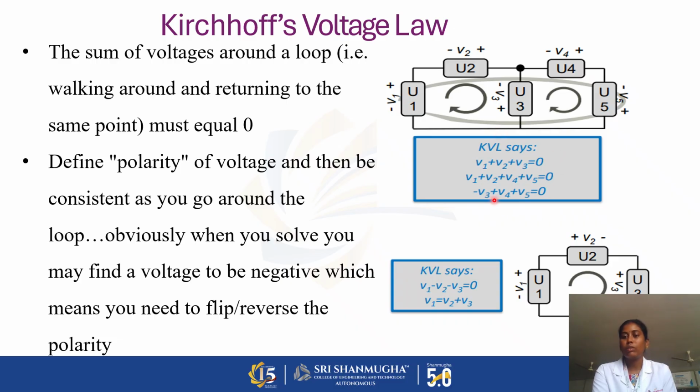So these are the three statements which explain KVL. The polarity of voltage must be consistent as you go around the loop. When you solve, if you find a voltage to be negative, it means you need to flip or reverse the polarity.